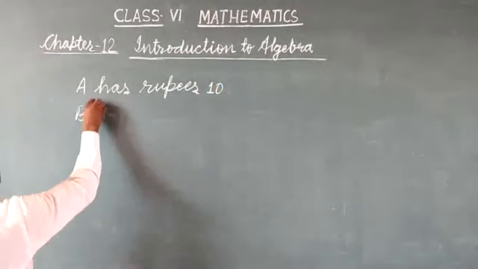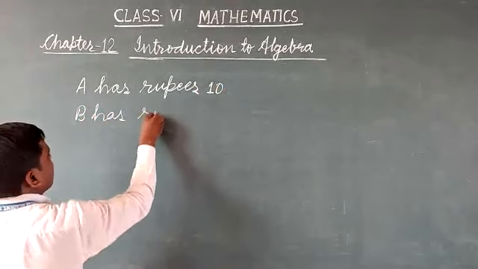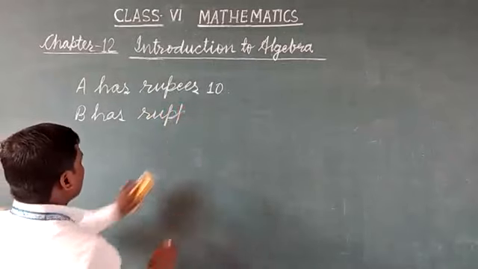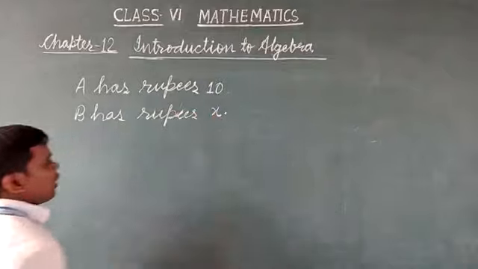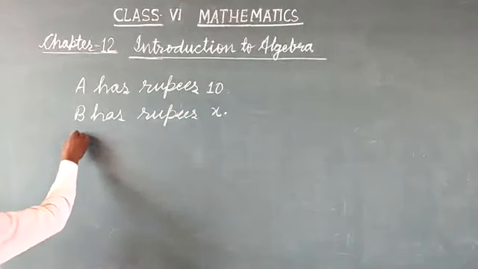B had rupees X. Now total money A and B had.